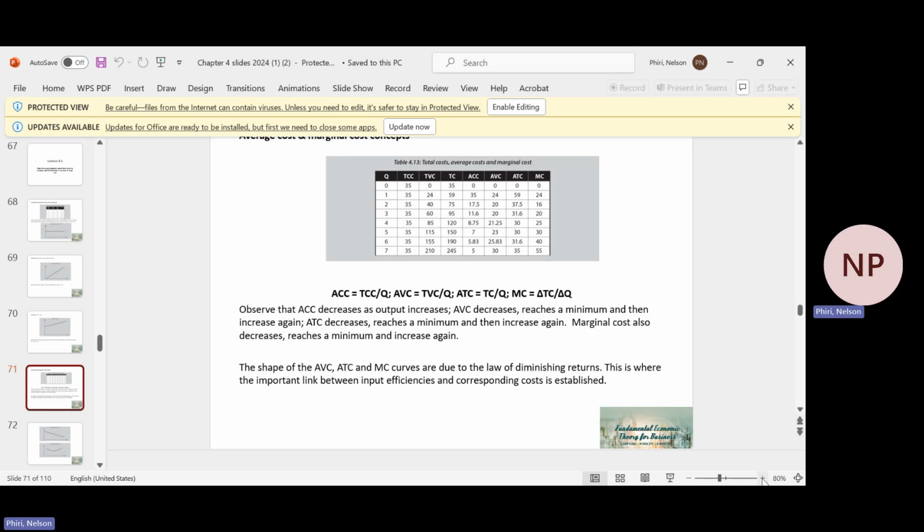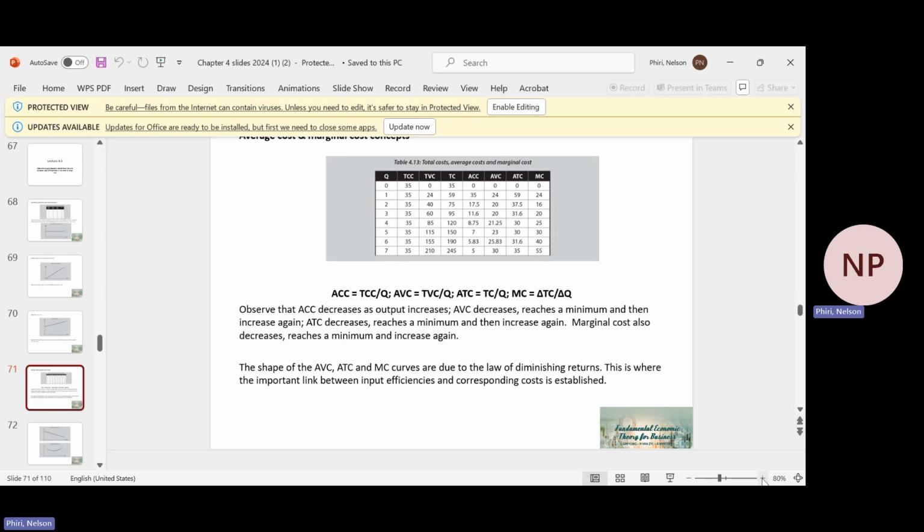Then you have your average variable cost, where you take your total variable cost and divide it by the output as well. Your average variable cost increases in a manner depending on the rate of increase of your total variable cost.